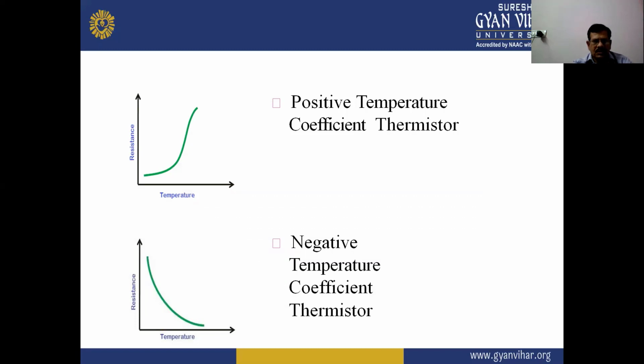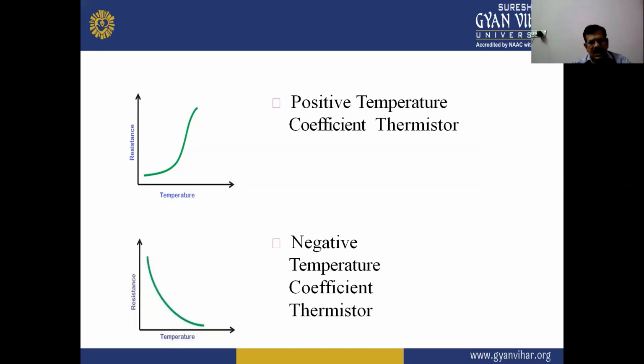So there are two types of thermistors: the positive temperature coefficient thermistor, and the negative temperature coefficient thermistor. The graphical representation of the positive temperature coefficient thermistor is shown in the first graph, between resistance versus temperature. This shows the positive temperature coefficient of the thermistor.